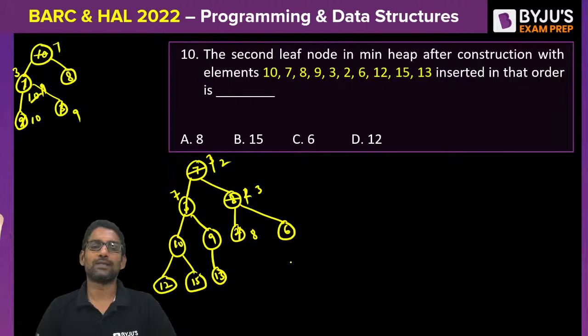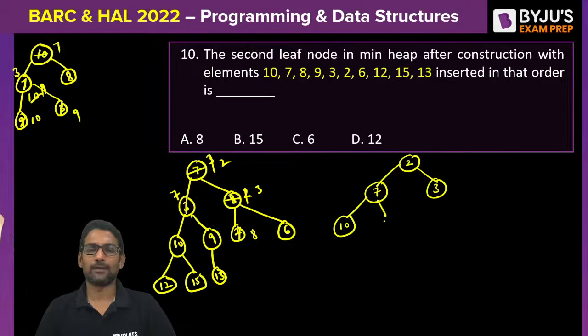So now what is the second leaf node? So what is the resultant min heap? 2, 7, 3, 10, 9, 8, 6, 12, 15, 13.